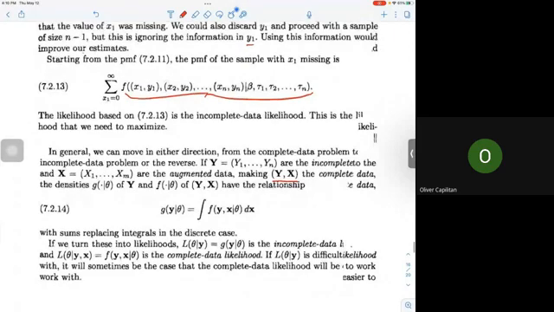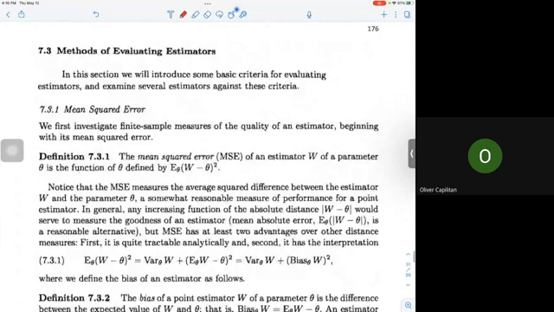Okay, so let us proceed to the next section of chapter 7. We have methods of evaluating estimators. We have different methods of determining the point estimators of our unknown parameter. We have the method of moments. We have the maximum likelihood estimation.